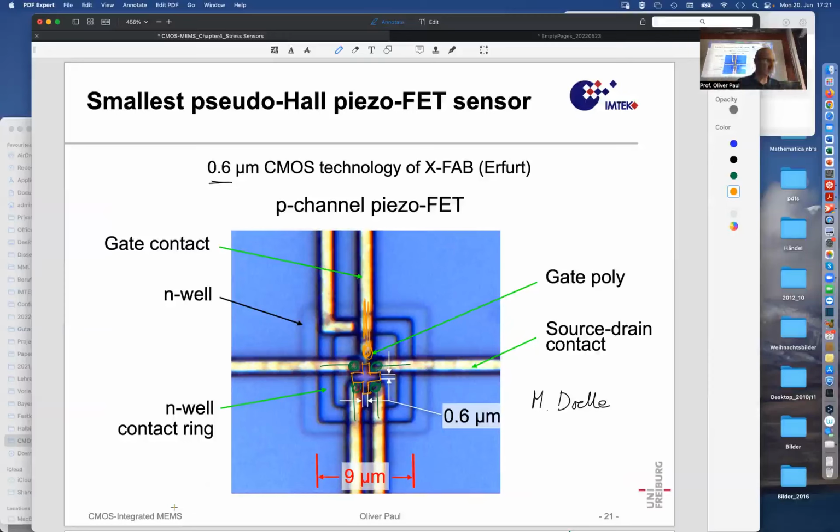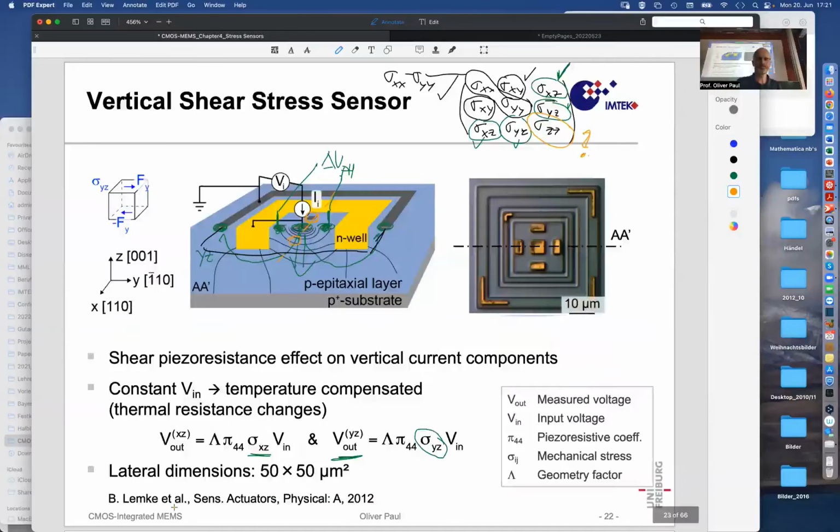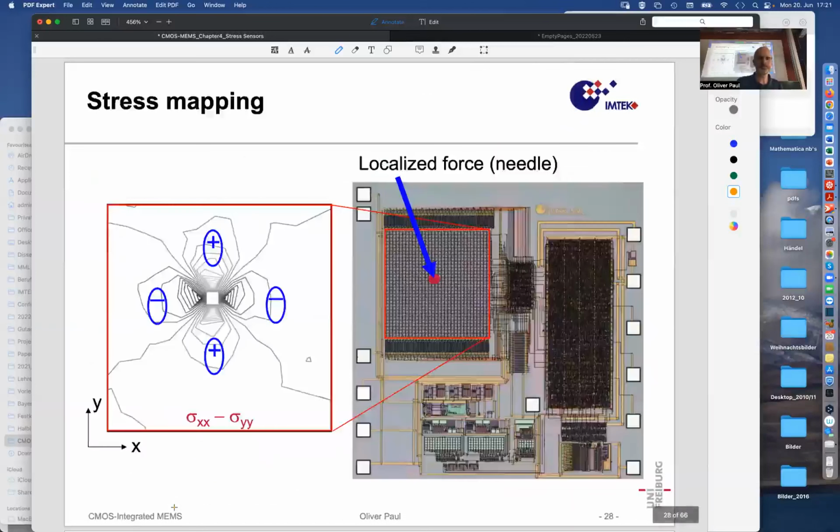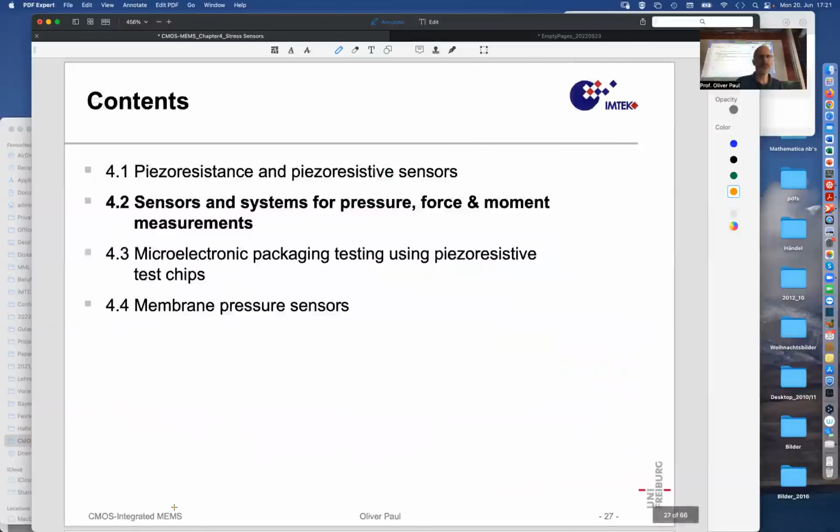So this is a fantastic advantage which you don't have with diffused sensors, where you apply a voltage and the current immediately flows. There is no additional switch built in. And this has enabled some applications that I would like to show you now.